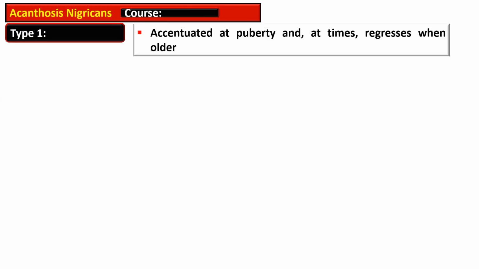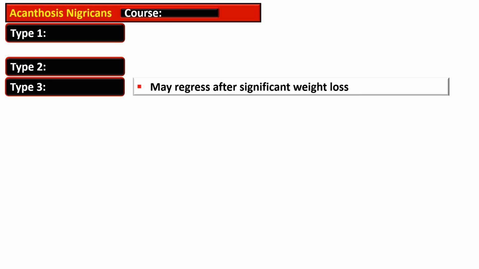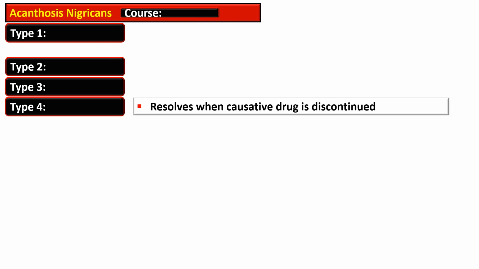The course of Acanthosis nigricans depends on the underlying type. In type 1, the lesion is accentuated at puberty and at times it regresses when the patient becomes older. In type 2, the course depends on the underlying disturbance that is there. Type 3 may regress after significant weight loss. This type 3 is associated with obesity.